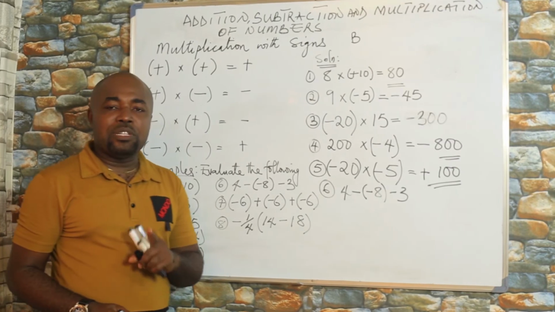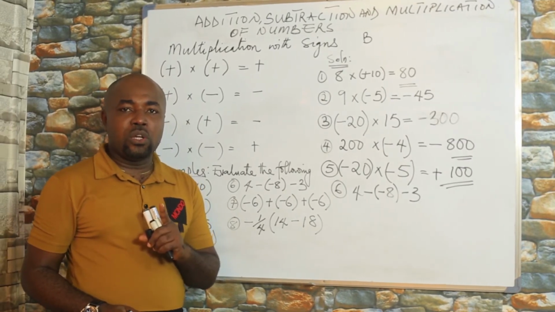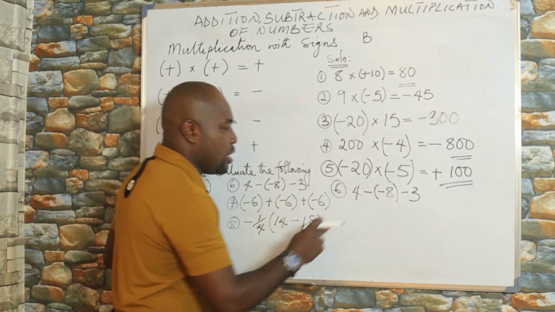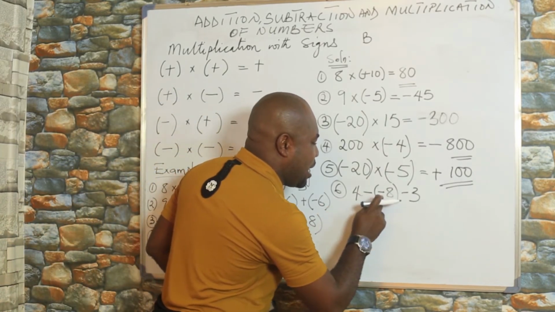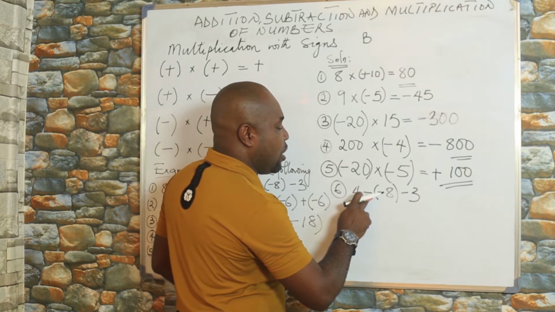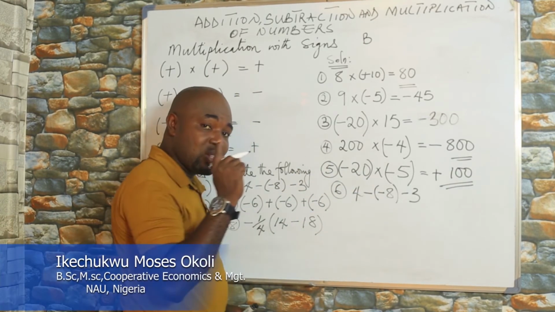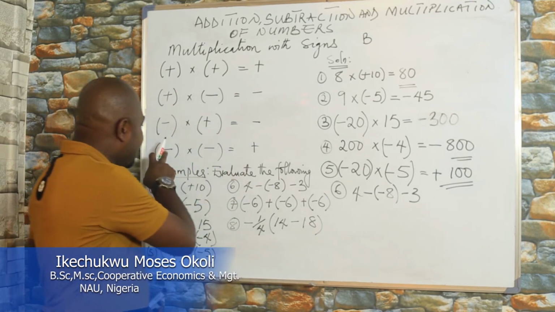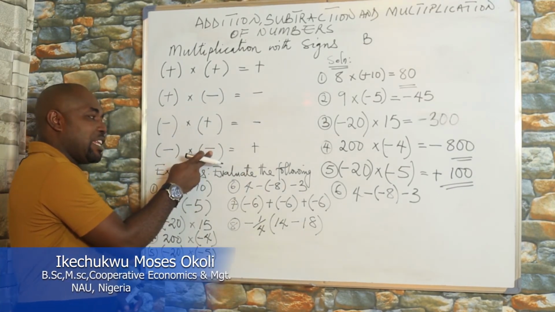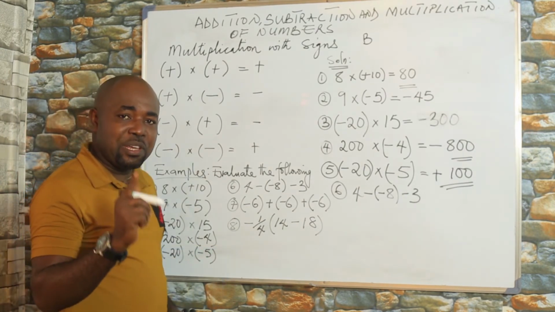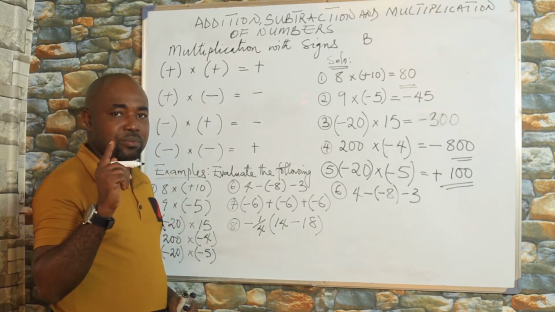And for you to open the bracket, you must do what? Multiply out. So, to open the bracket here, we say minus times minus. It will be what? Plus. When a negative sign multiplies a negative sign, it will turn to what? Positive. The answer will be in the positive.